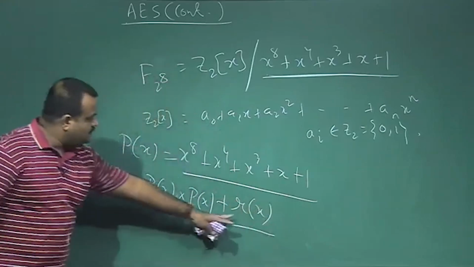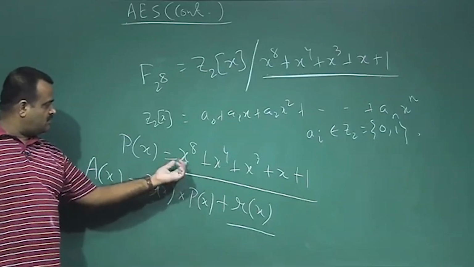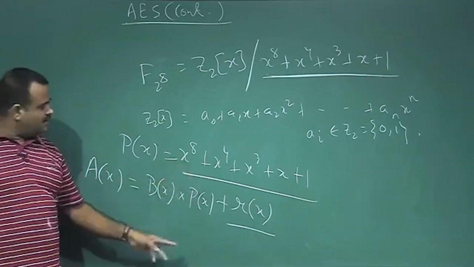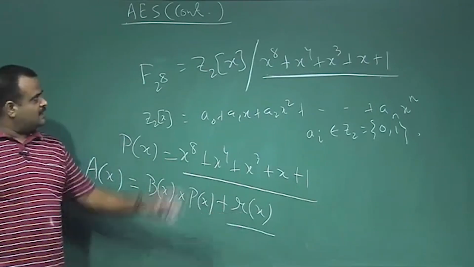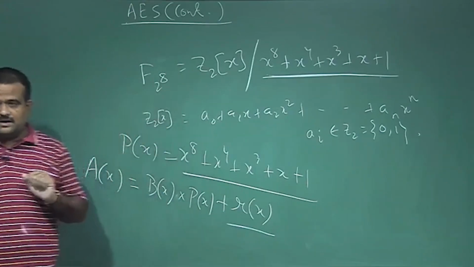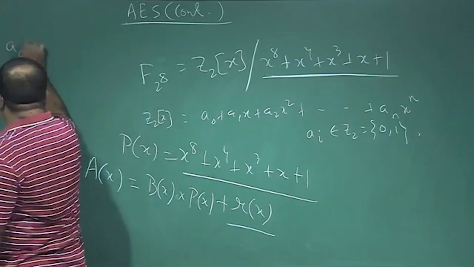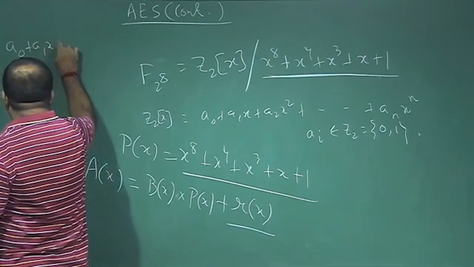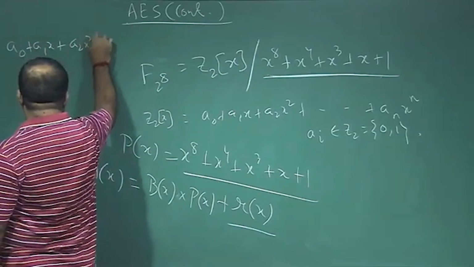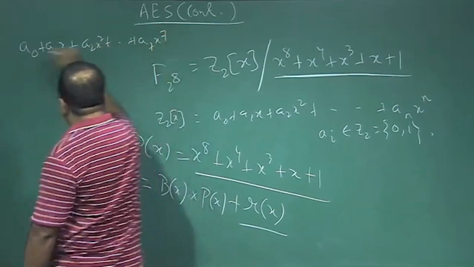This r(x) is basically of degree 7, because we are dividing by a polynomial of degree 8. So the collection of these r(x) will form a field. It is a polynomial like a0 plus a1x plus a2x square, dot dot dot, a7 x to the power 7. So all this collection.